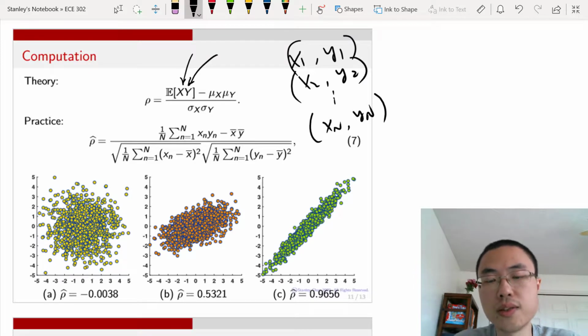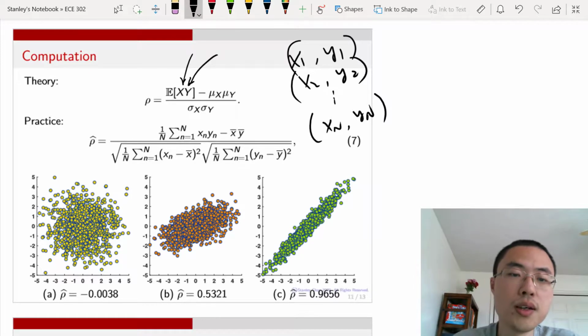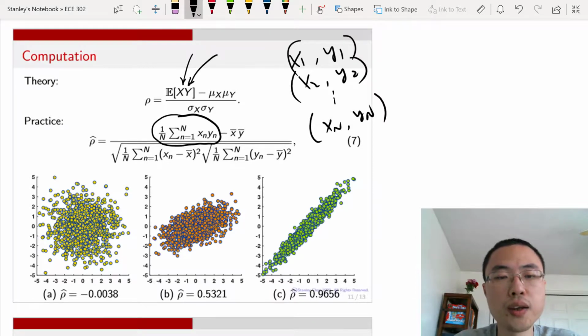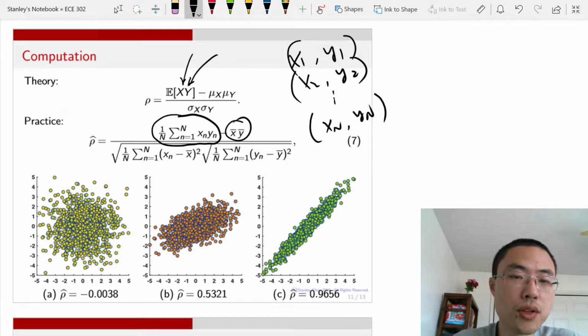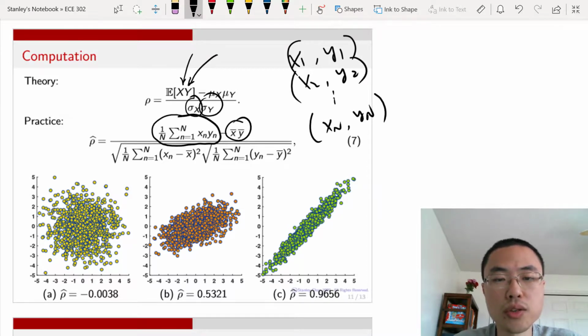You have many of these pairs of random variables. So you can compute this expectation, which is the summation of x times y, divided by the number of samples. That's just the average. For the denominator, you have sigma x, which is the square root of this variance, and then here you have sigma y, which is the square root of the variance of y.